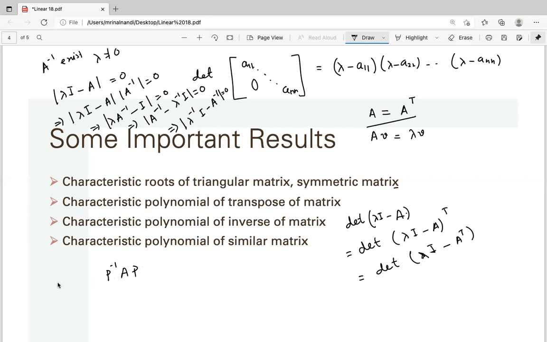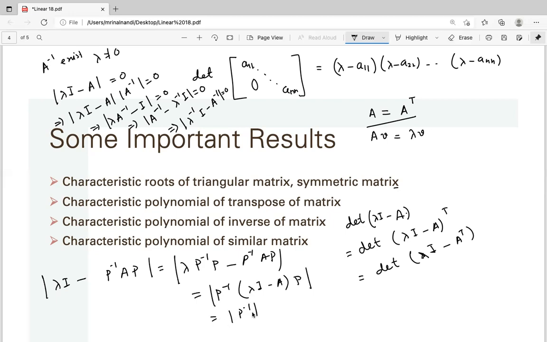Now this is the determinant of lambda I minus P inverse AP. So again, you can write I as P inverse P, and this is just the determinant of P inverse (lambda I minus A) P. But P is a non-singular matrix, and the determinant of P inverse times the determinant of P is 1.